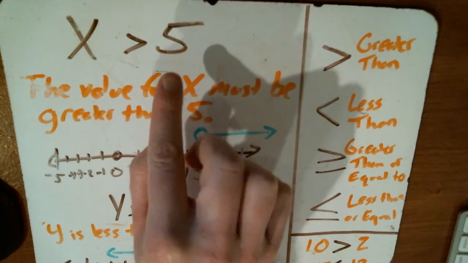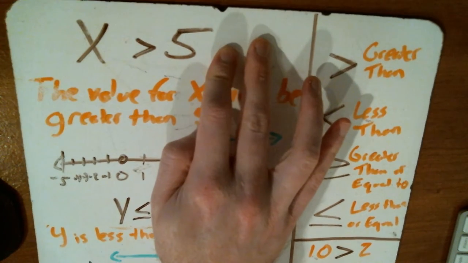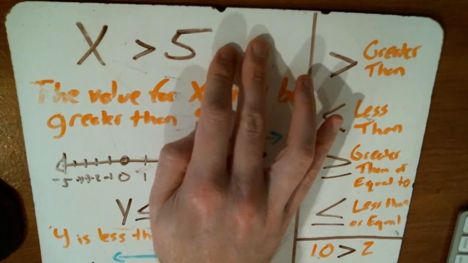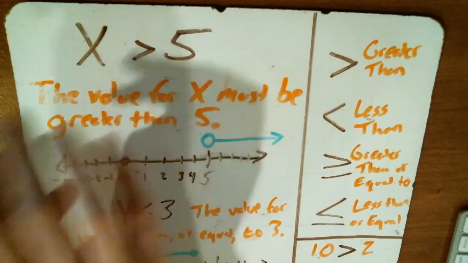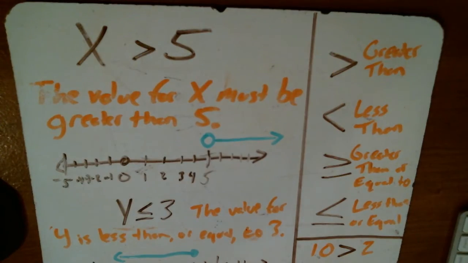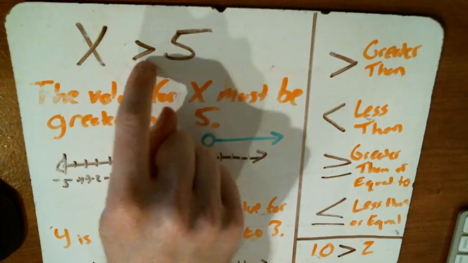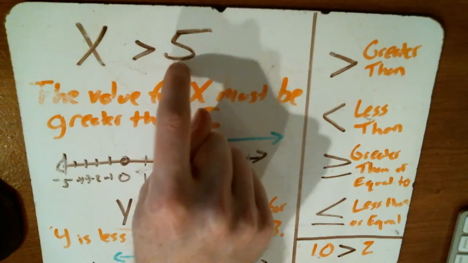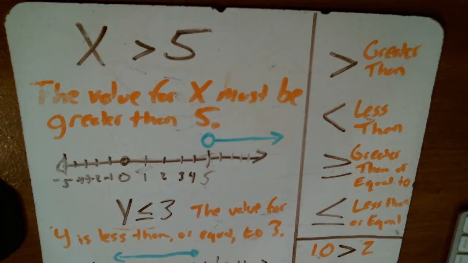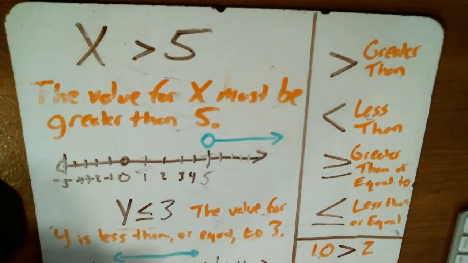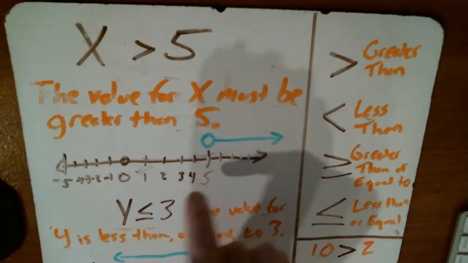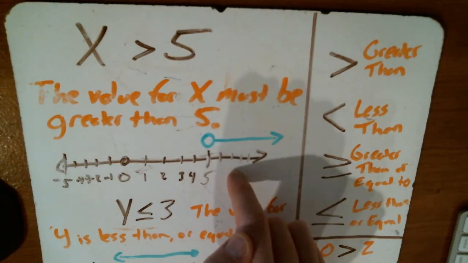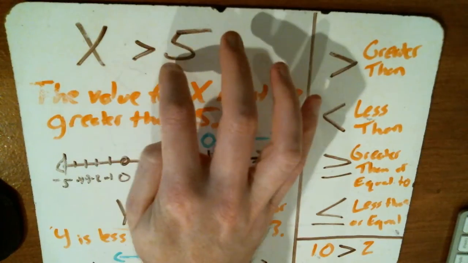When we move into 7th, 8th, 9th grade working with inequalities, we start to consider variables or unknown quantities in our inequality, just like we worked with variables in equations the last couple weeks. This inequality says the value for x has to be greater than 5, something larger than 5.